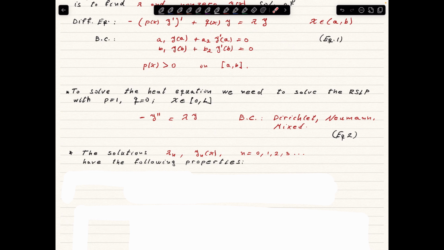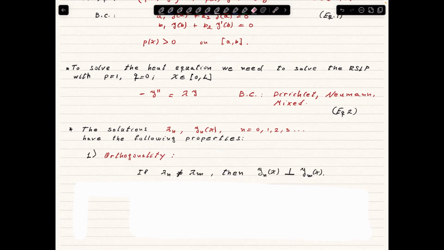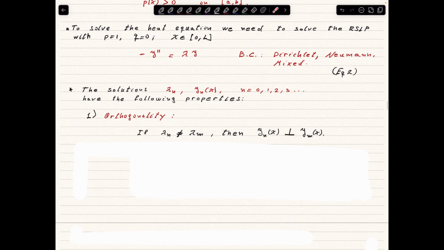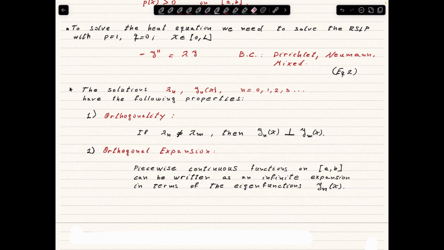But for all these 4 problems, there are 4 here because 2 are mixed, and in general all solutions to a regular Sturm-Liouville problem have the following properties. Many properties, but we focus on 2. One is orthogonality: if we have 2 different eigenvalues, then the corresponding eigenfunctions are perpendicular functions with the appropriate inner product that we have introduced in a previous video.